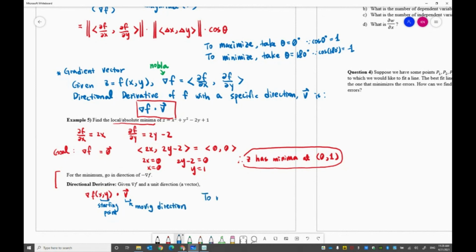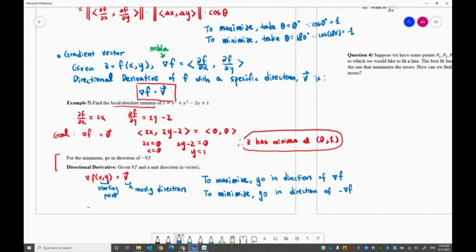So to maximize, we go in the right direction, so go in the direction of regular nabla f. If we want to minimize, go in the direction of negative nabla f.